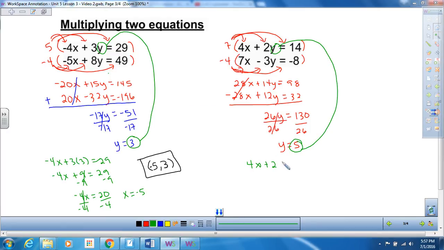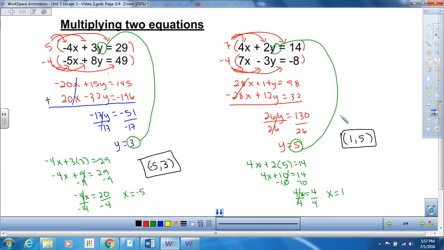So 4x plus 2 times 5 equals 14. So 4x plus 10 equals 14. Subtract 10. 4x equals 4. Divide by 4. And we get x equals 1. So writing this as x comma y would be 1 comma 5.